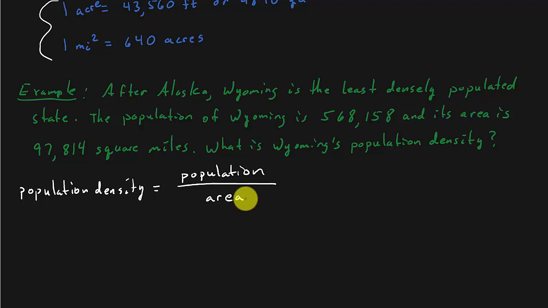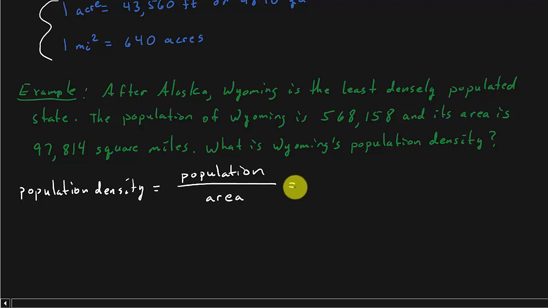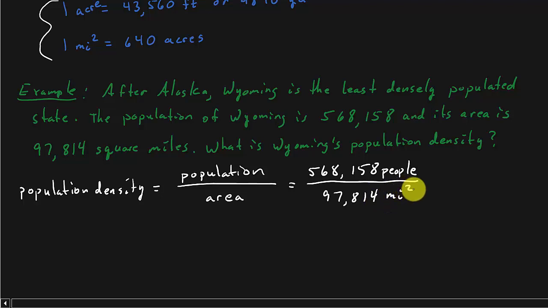So the population is 568,158 people, over the 97,814 square miles. That's what we're finding. And then we put this into our calculator and we end up with 5.8.